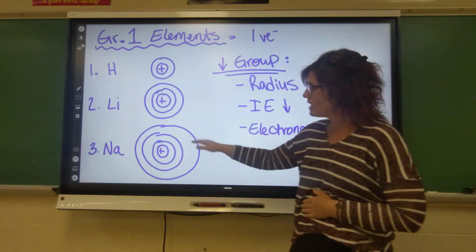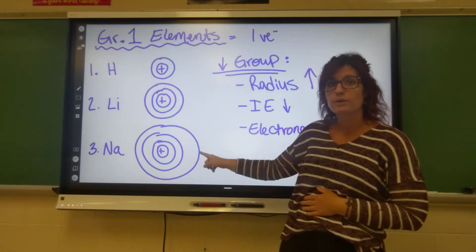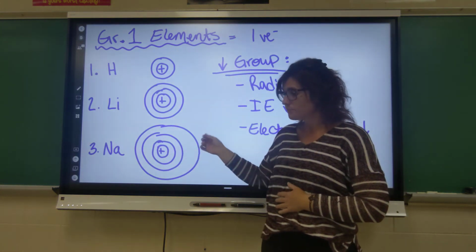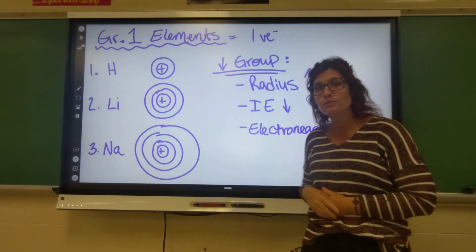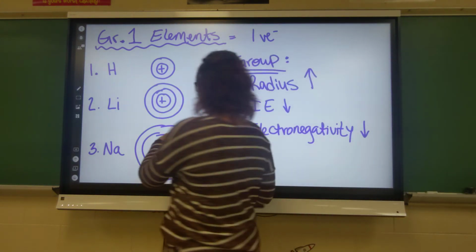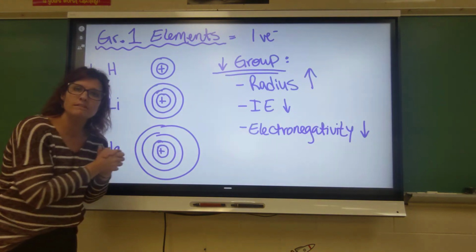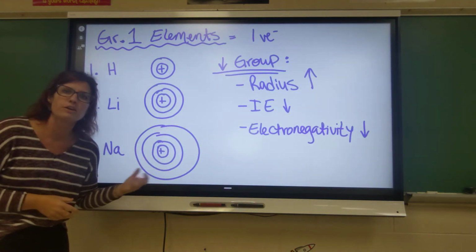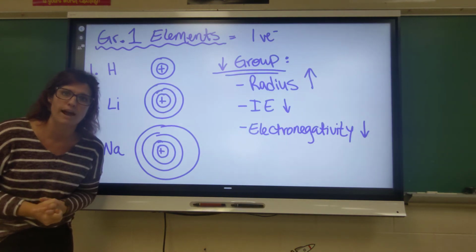So ionization energy decreases as you go down a group. Now, for the same reason that this electron is easier to remove, electronegativity is also lower as well, because you have all these energy levels filled with electrons that shield that nuclear charge, and therefore the bigger atoms are not as attractive.